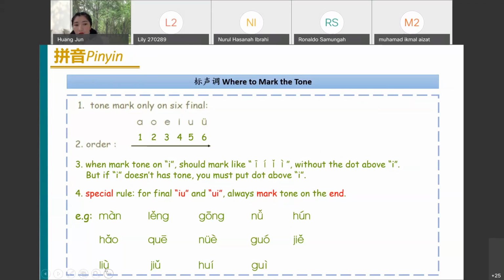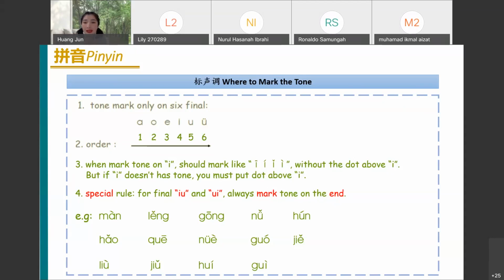So for finals I, U and U, I, you always put the tone mark on the end. So these are the 4 rules for how to mark the tone. Where do you mark the tone? Understand it? You have to find the correct letter first. Then which tone mark, 1, 2, 3, or 4, depends on the meaning of the words.